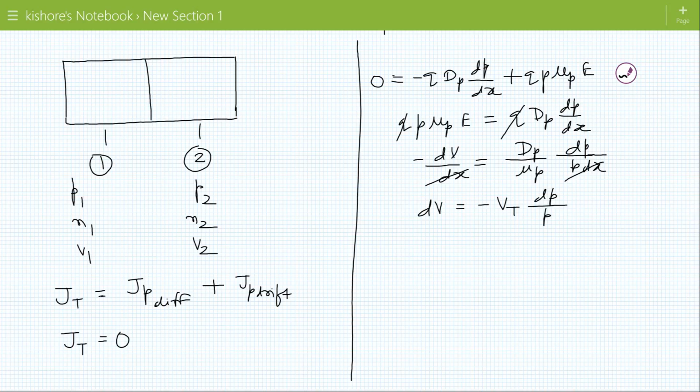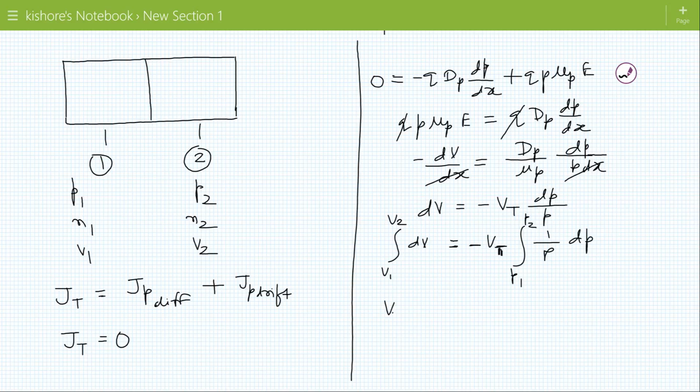Now taking the integration in both sides, in the left side limits are V1 to V2, and in the right side this Vt is constant, Vt is independent of p, so integration of 1 by p, lower limit is P1, upper limit is P2.